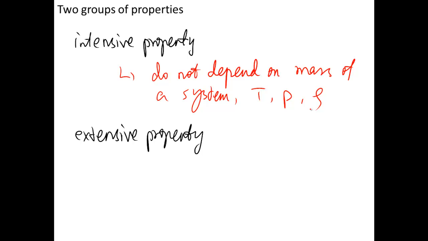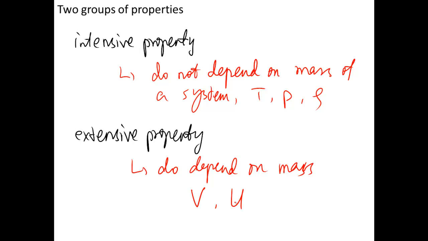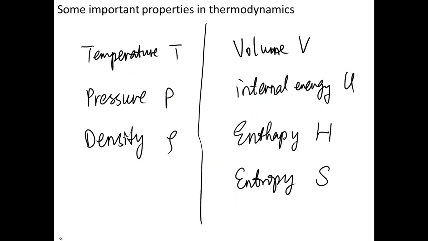And extensive properties do depend on mass, such as volume V, internal energy U, and so on. So let's go back to our list here, and this group belongs to intensive properties, and this group belongs to extensive properties.